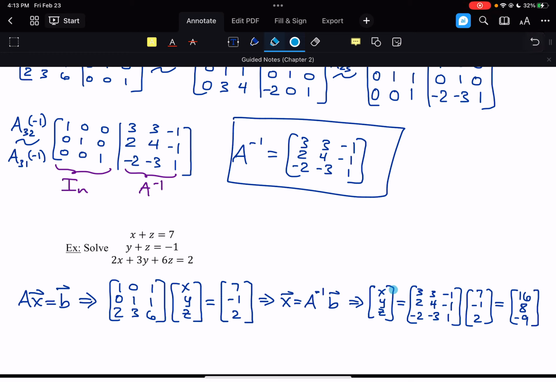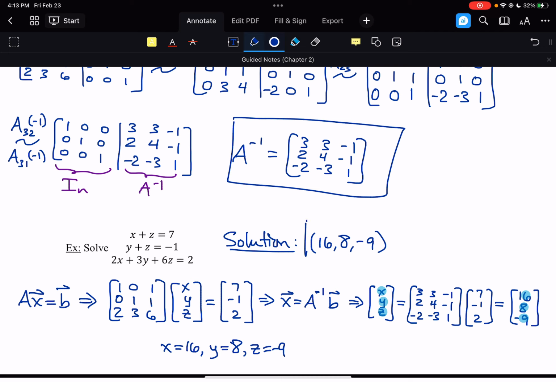If you go component by component, that tells us right there: x is 16, y is 8, z is negative 9. So the solution to this system of equations is just this one point, 16, 8, negative 9.